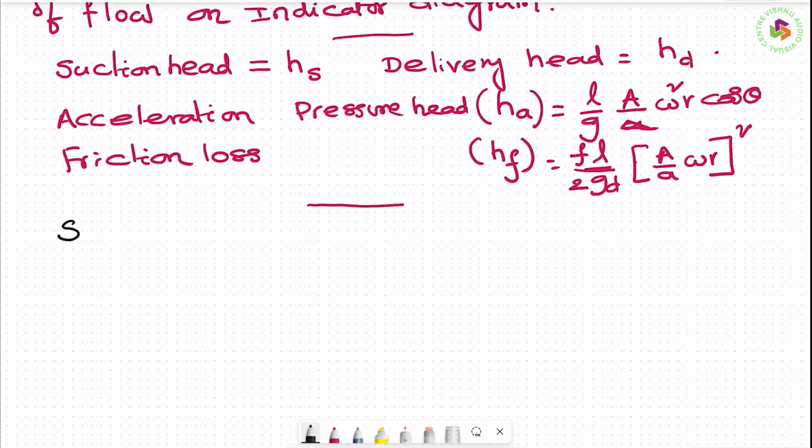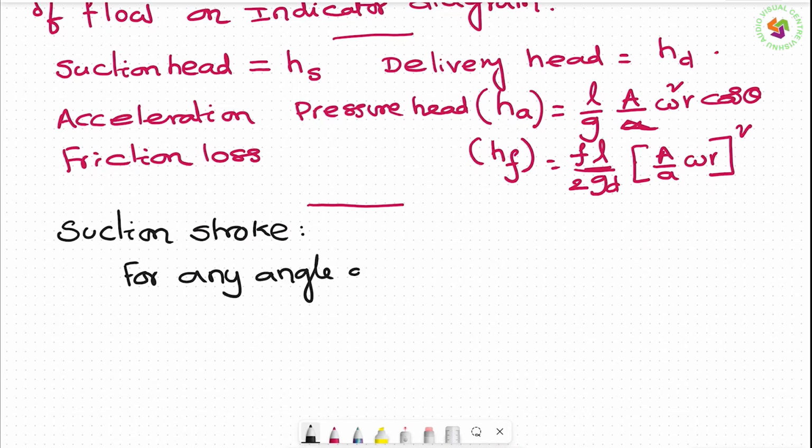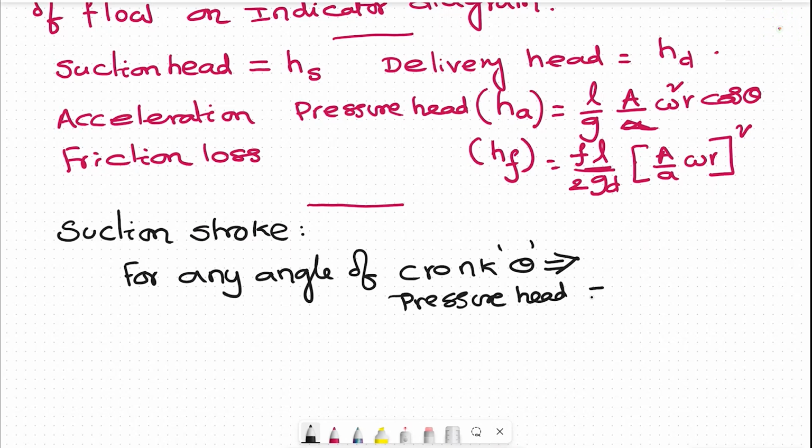Let us take suction stroke. If I take suction stroke, generally for any angle of crank theta, the equation is the pressure head is equal to HS plus HAS plus HFS.